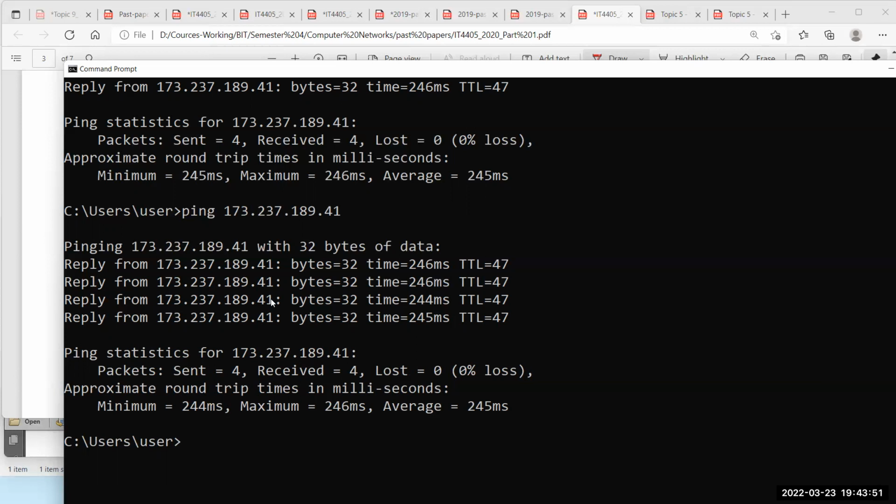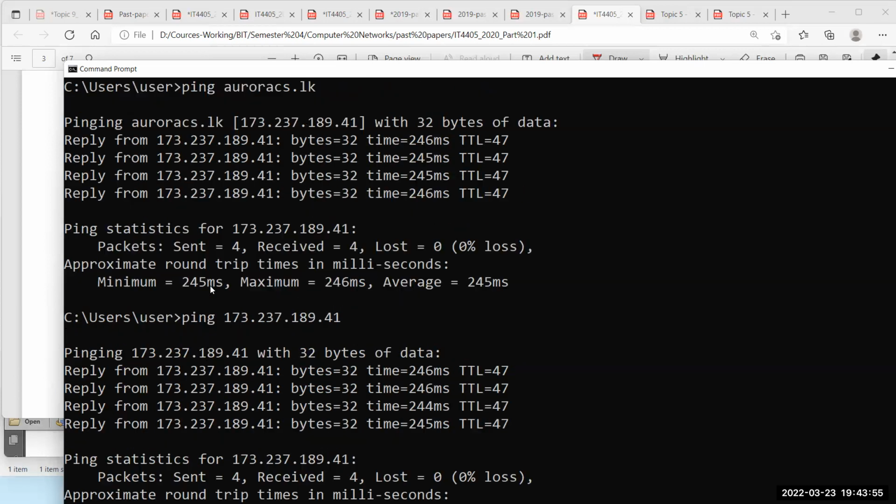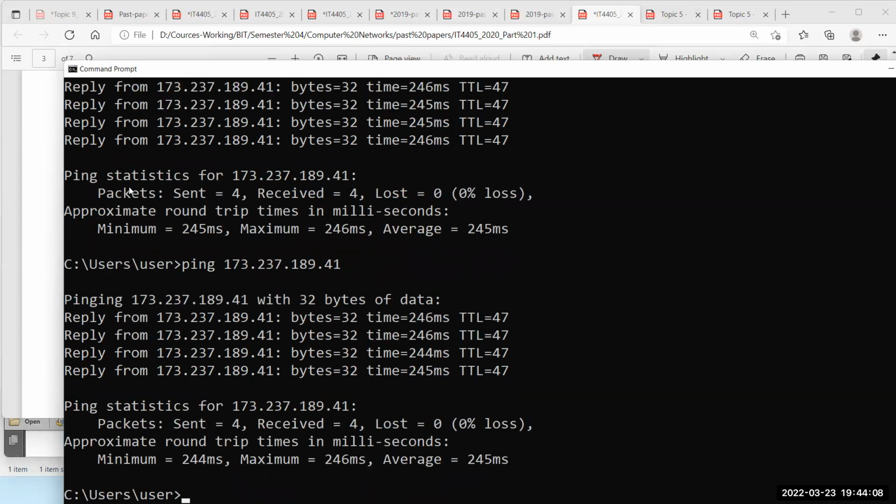And when you ping a DNS name and it gives an error, there's another possibility: maybe your DNS server is down. So it adds one more possibility. Therefore, by just looking at the ping command result, you can't decide the reason.